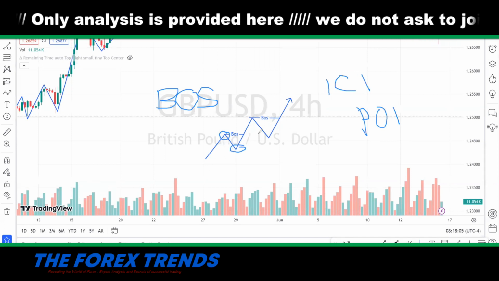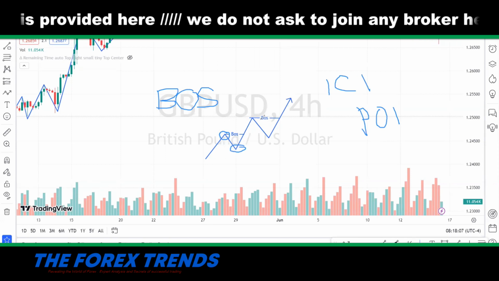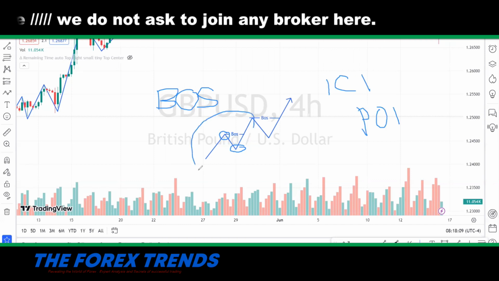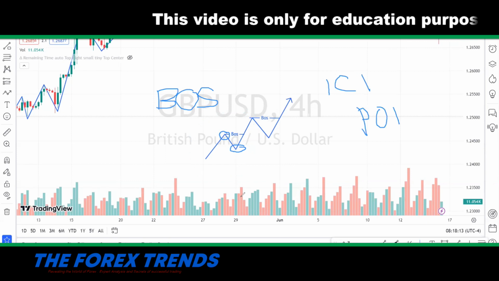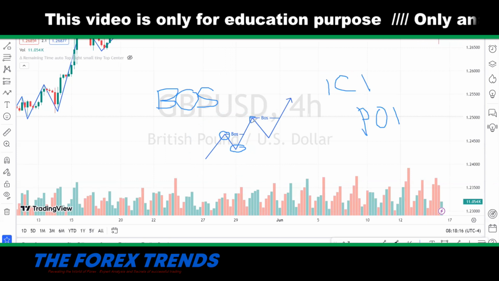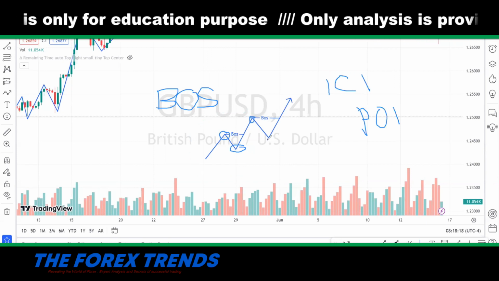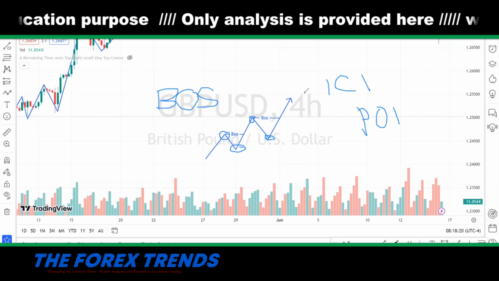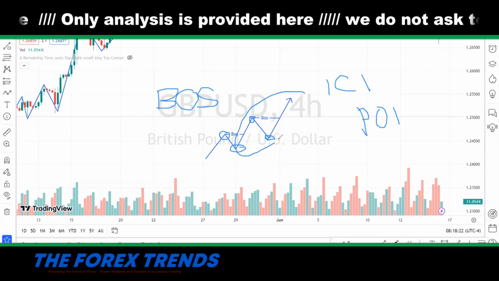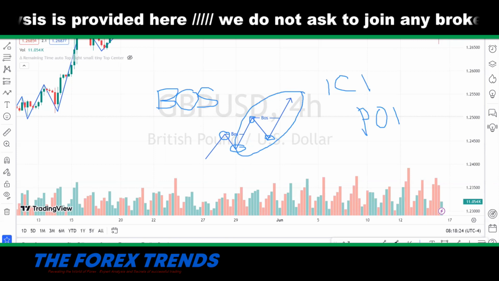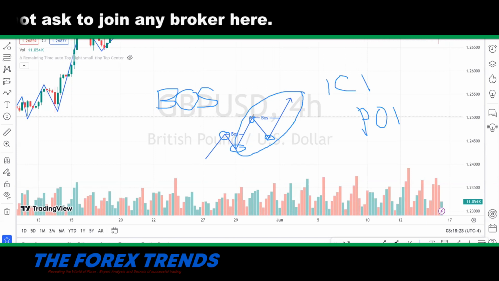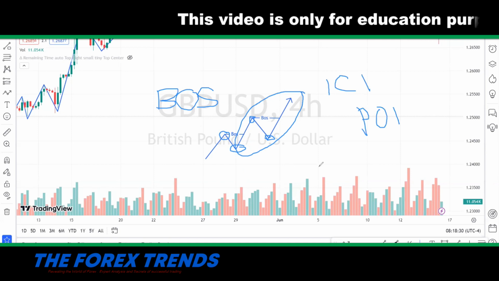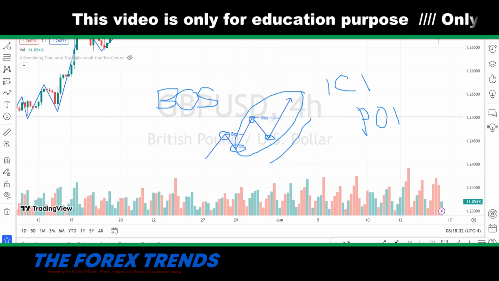These are the two points of interest for this impulse correction impulse movement. And then these two are similarly points of interest for this impulse correction impulse movement. I hope you understand what I want to say. The two points of interest are there to join this bullish trend.